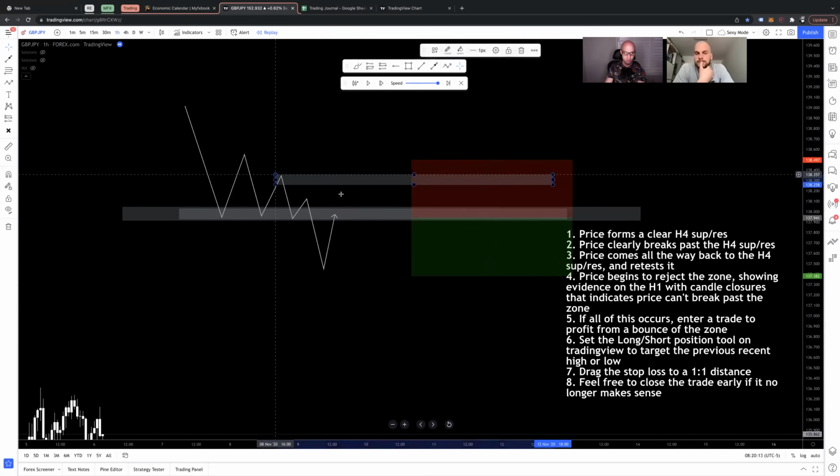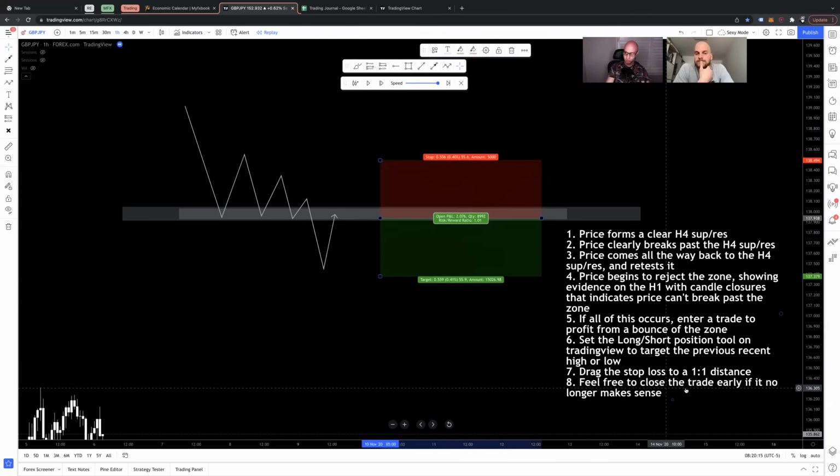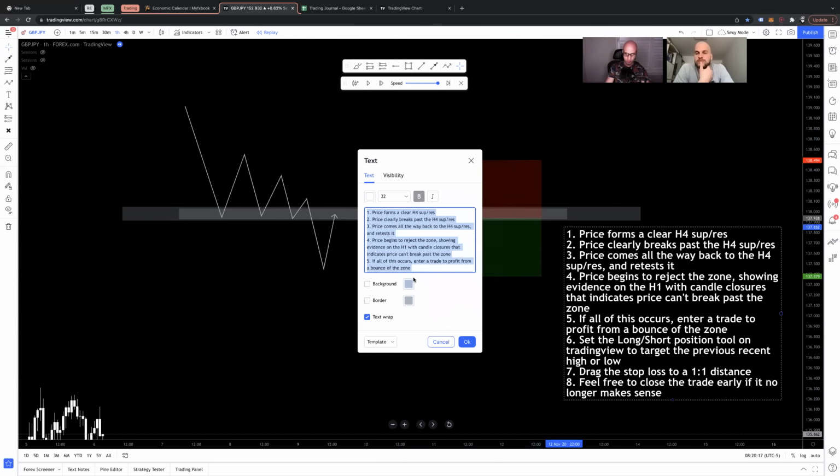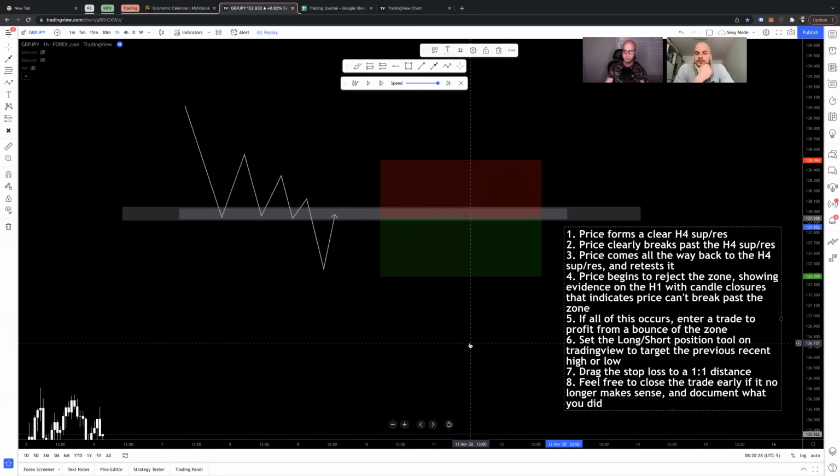So whenever I say, feel free to close the trade early if it no longer makes sense, and document what you did, just so when my team's reading your journal, they'll see, okay, you closed early because whatever, and then you'll put it in your journal. That way you can start seeing what those decisions do.